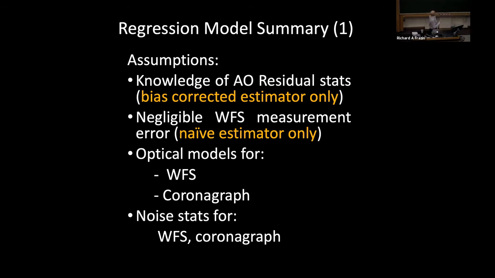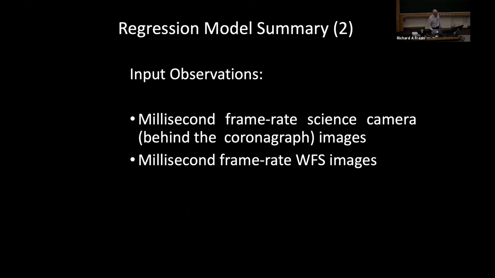We also assume that we have optical models for the way light propagates in the wavefront sensor and coronagraph optical systems. And of course, I'm going to want to know the noise statistics, basically photon counting and readout noise, for the wavefront sensor and the coronagraph. So the input observations to the regression model are the millisecond frame rate science camera images, as well as the millisecond frame rate data from the wavefront sensor.